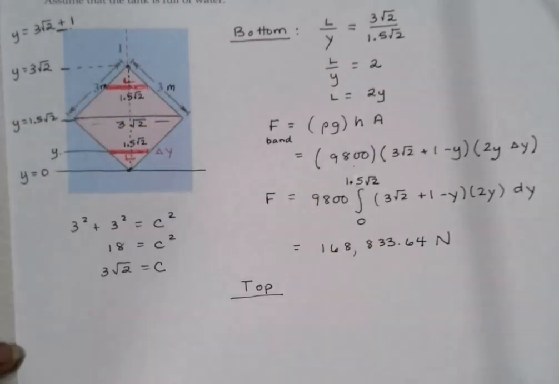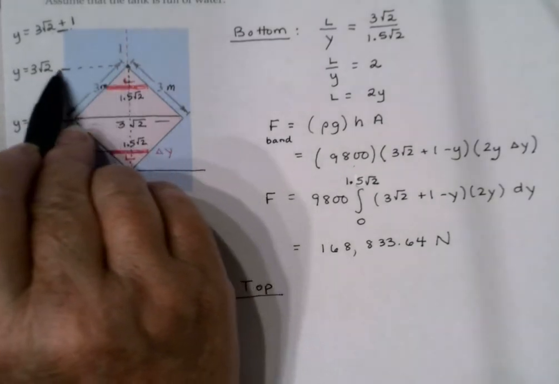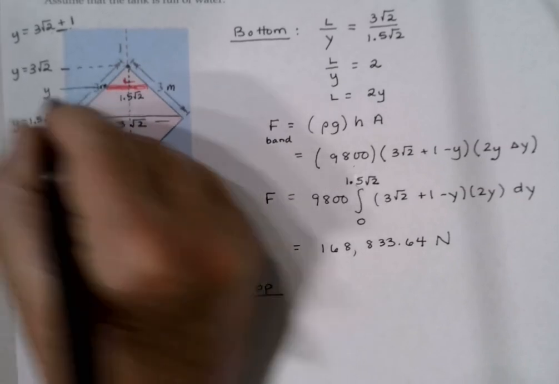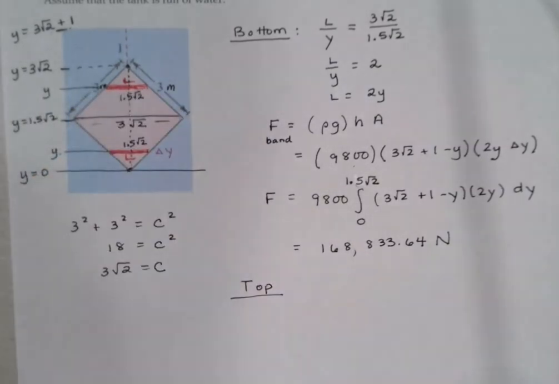It's 3 square root 2 minus the y value, the height of this new strip.